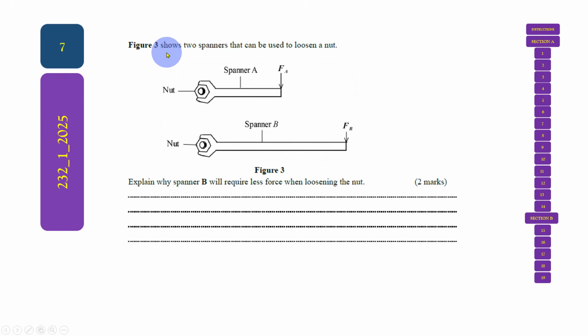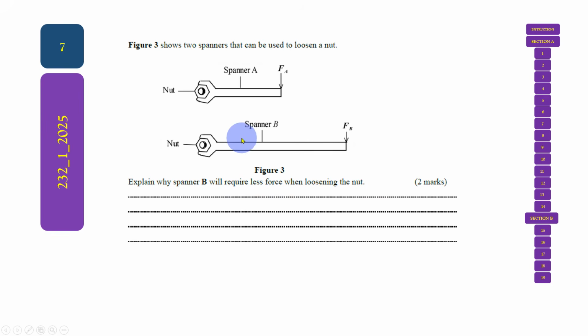Question 7. Figure 3 shows 2 spanners that can be used to loosen a nut. So there is one with a shorter handle and there is another one with a longer handle. Okay, explain why the spanner B, the one with the longer handle, requires less force to loosen the nut.